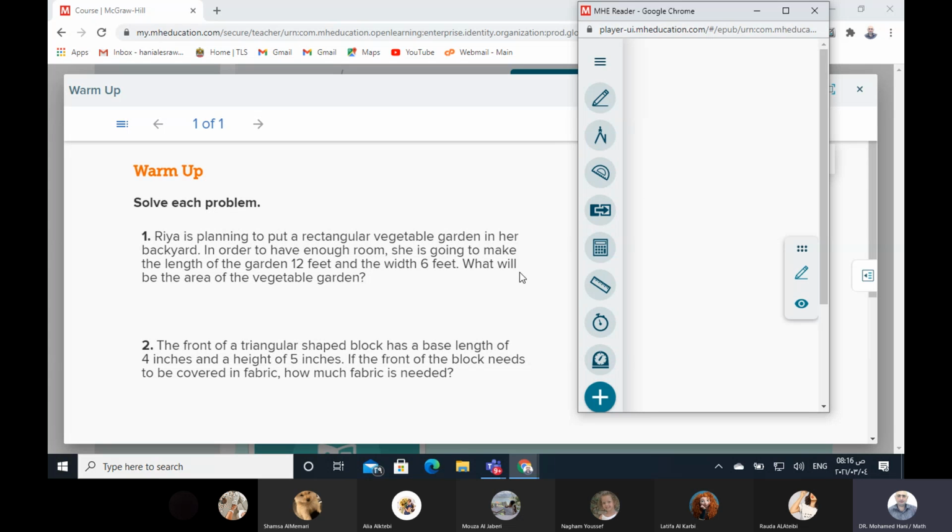Okay, repeat your answer please. 72 feet squared. 72. And what is the unit? Feet squared. Great work, Nagam. Thank you.